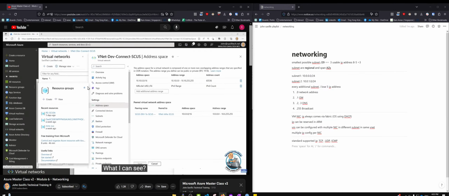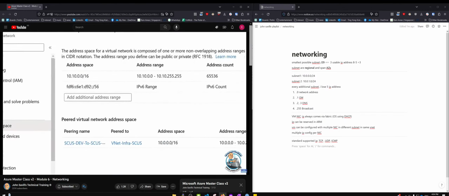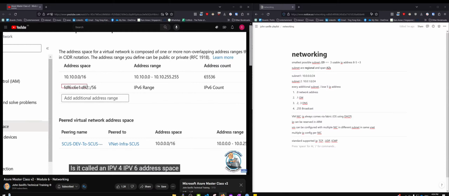What I can see over here is I've got an IPv6 address space as well. So you can see it's an IPv6 range. Now notice it starts with FD. So FD is that local range of IP addresses, so it won't actually route on the internet.